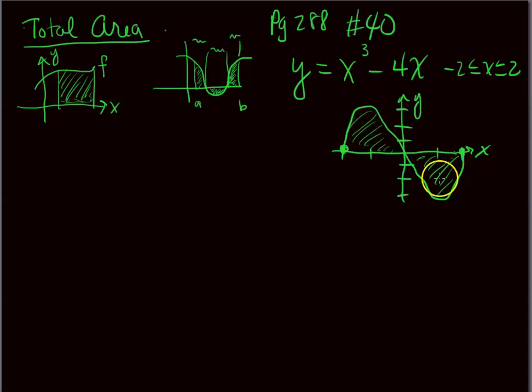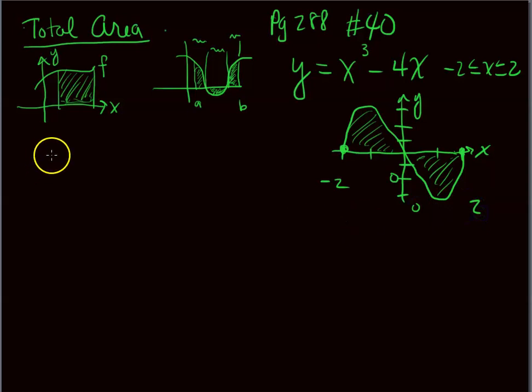Now, if you knew that these were symmetric, you could say, I'll take just double this first one. You're not always sure. That's where being able to determine whether something has symmetry with respect to the x-axis, y-axis, or origin could be helpful. But you can just break this up. You take it from negative 2 up to 0, and then from 0 to 2.